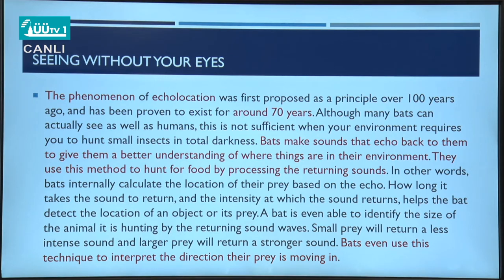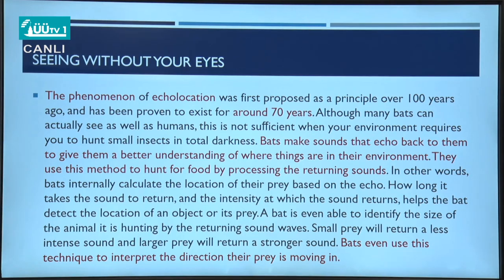Actually, they are using echolocation. So I have highlighted for you here the keywords. So bats are using echolocation by making sounds that echo back to them to give them a better understanding of what or where things are in the environment.